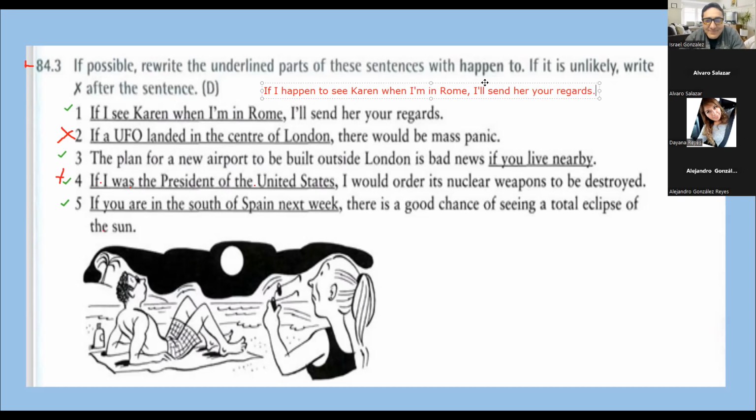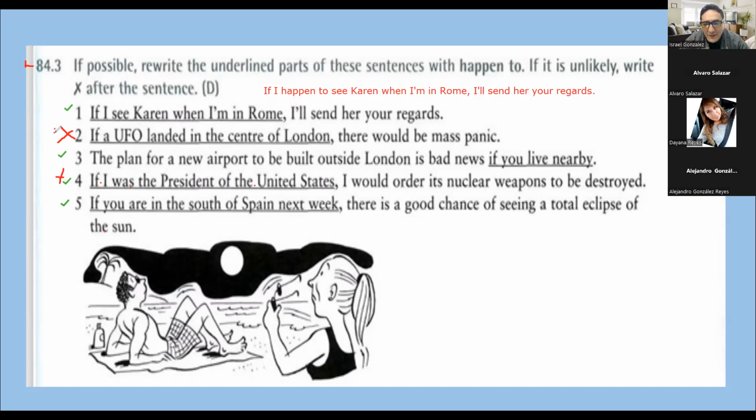And then, for example, teacher, in the second sentence, that it's unlikely, possible. Not very probable. How can you use this structure?